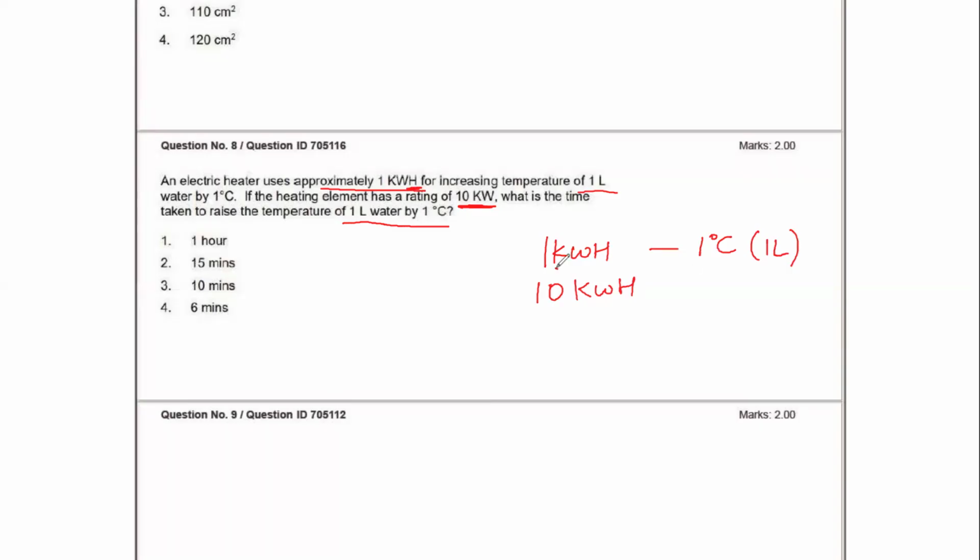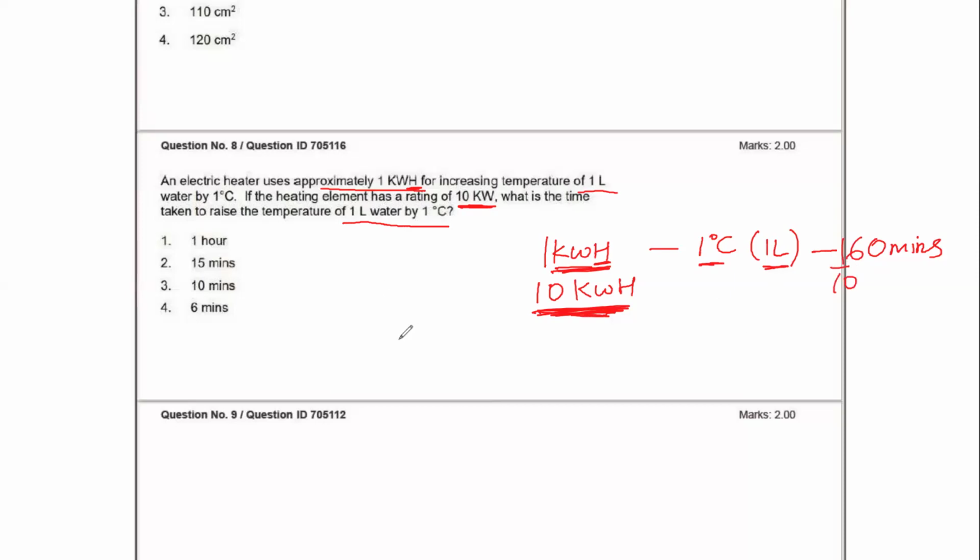So 1 kWh to raise 1 liter of water by 1 degree Celsius. If its rating is 10 kilowatt, then it will take 10 times less time. So if it takes 60 minutes for 1 kilowatt, then with 10 kilowatt it will do it faster. So it'll be 1/10 of 60.